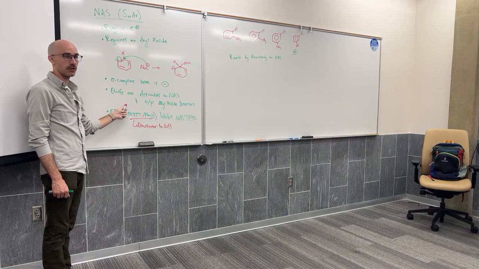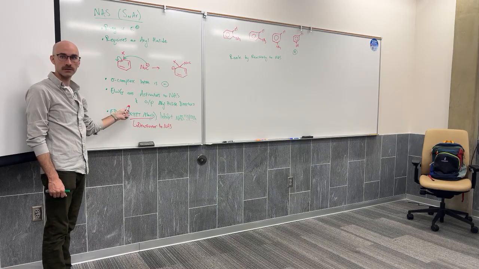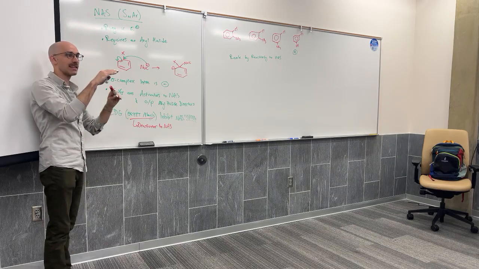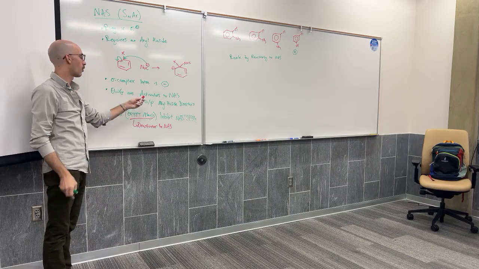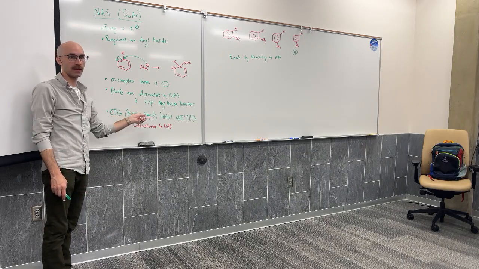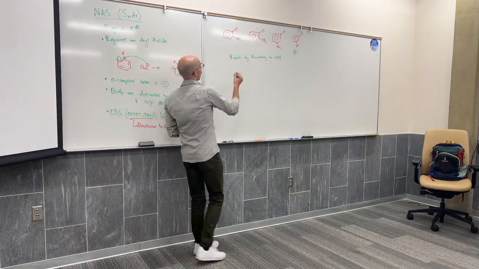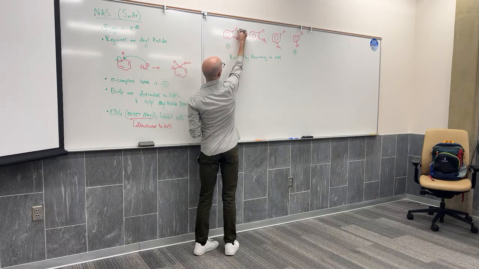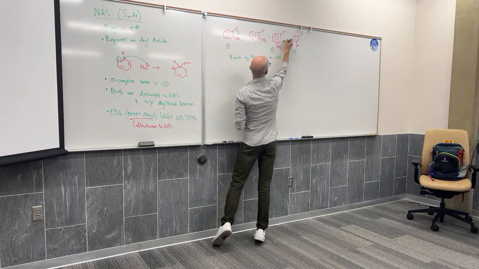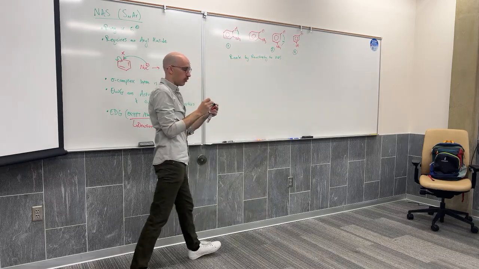Those electron withdrawing groups are ortho-para directors. They're going to stabilize the intermediate and make it easier to form when they are ortho-para to the leaving group, the halogen. So ortho is more reactive than meta-chloronitrobenzene.